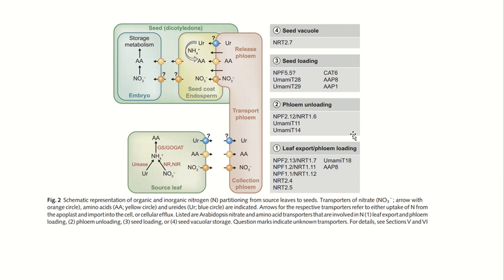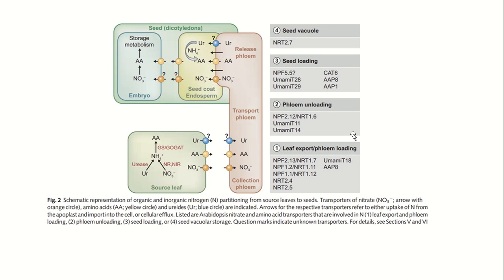Arrows from the respective transporters go either to uptake of nitrogen from the apoplast and import into a cell. Seed vacuole storage has a question mark, an unknown transporter still to date in many books.